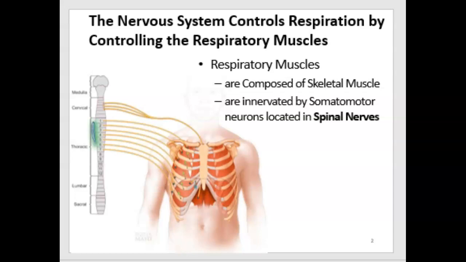Therefore, the neurons sending signals to these muscles are somatic motor neurons, instead of autonomic, and they travel in spinal nerves from the cervical spinal cord to the diaphragm, and from the thoracic spinal cord and spinal nerves to the intercostal muscles.